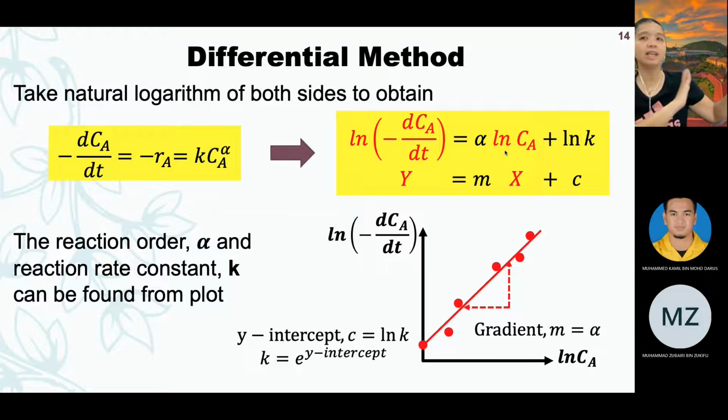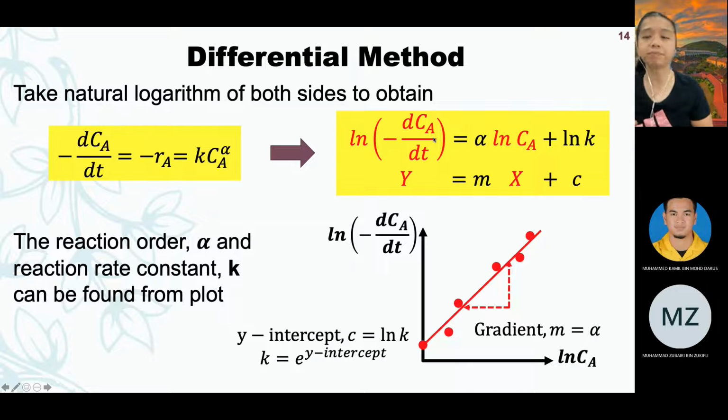So you see on the y side, on the left hand side, kita ada CA, kita ada T, time. Tetapi fortunately kita ada data tu. Tetapi kita tak boleh straight away guna data eksperimen because dalam equation, data untuk y-axis mesti dalam bentuk ln in bracket minus dCA per dt.